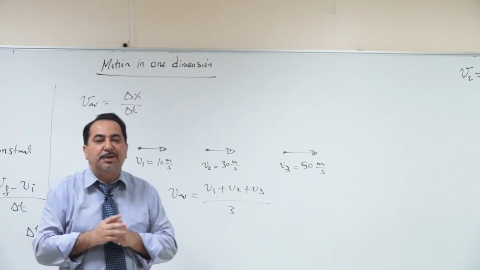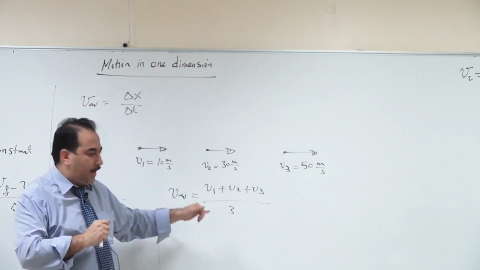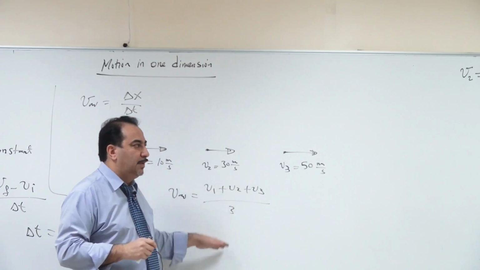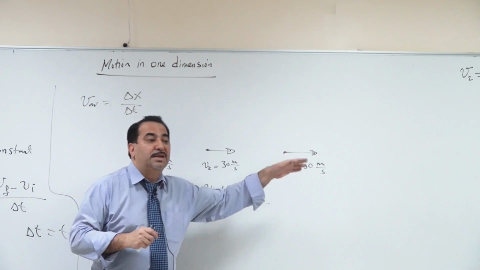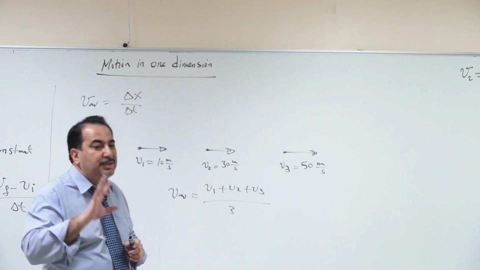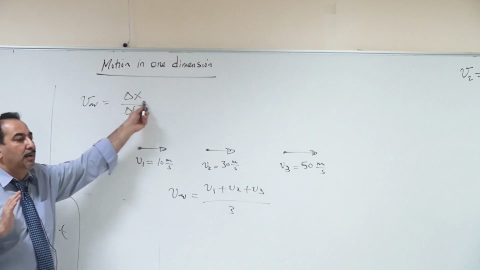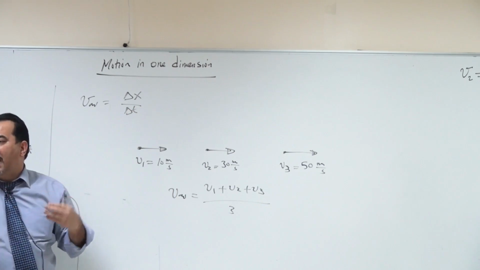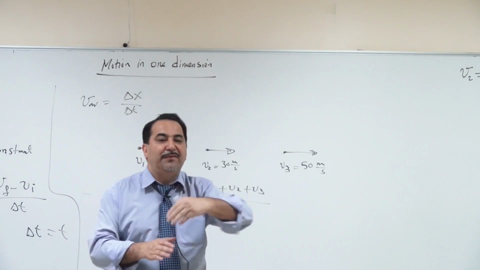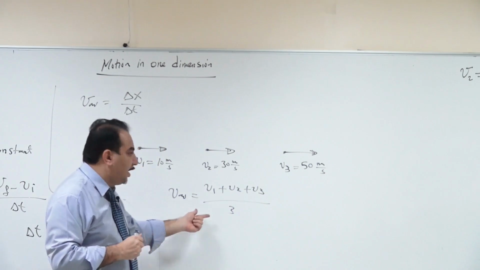Average velocity is not equal to the averaging of the velocities. It's not like velocity 1 plus velocity 2 plus velocity 3 over 3, or velocity 1 plus velocity 2 plus velocity 3 plus 4 over 4. Because average velocity is not defined this way. Average velocity is defined which way? Change in position over time. It's not the arithmetic average. You cannot add the velocities to get the average velocity. Yes? So this is another common mistake.